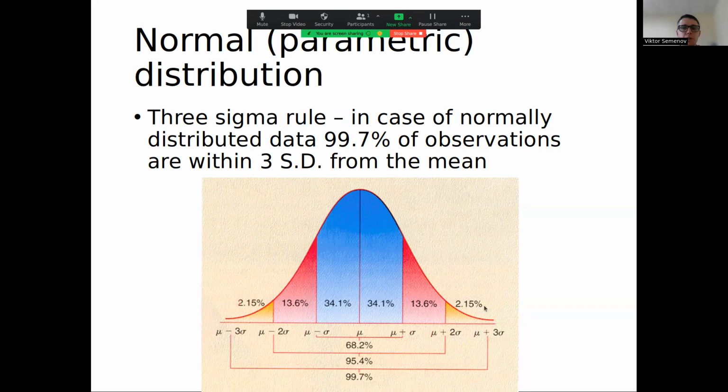So even if there are outliers, only 0.3% of this data will fall outside the boundaries of 3 standard deviations from the mean. You can take the mean, add 3 standard deviations to the upside and to the downside, set these boundaries, and expect that the majority of data will fall within them if the data is distributed normally. This is one of the reasons why we should calculate the standard deviation.